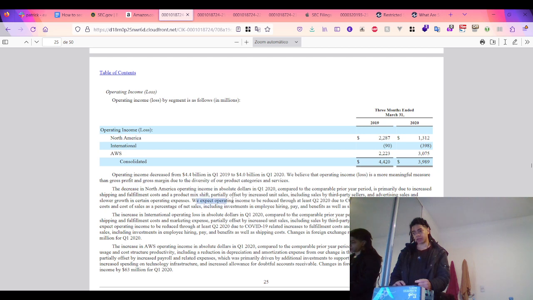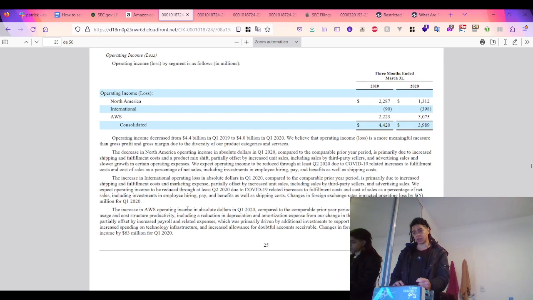Exactly. We expect operating income to be reduced through at least Q2 2020 due to COVID-19 related increases to fulfillment costs and cost of sales as a percentage of net sales.